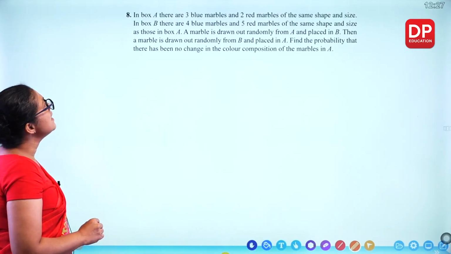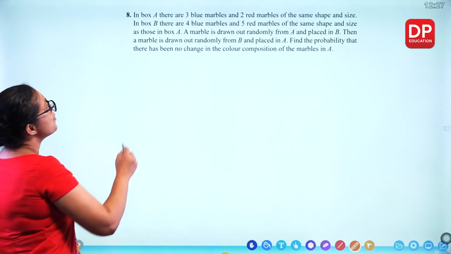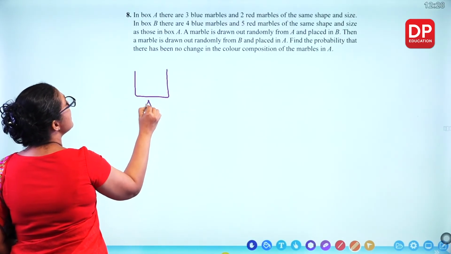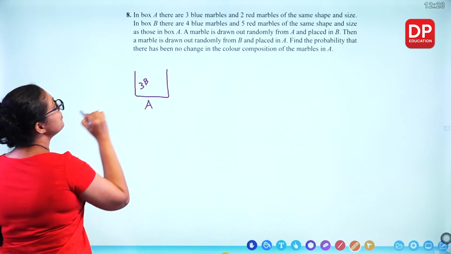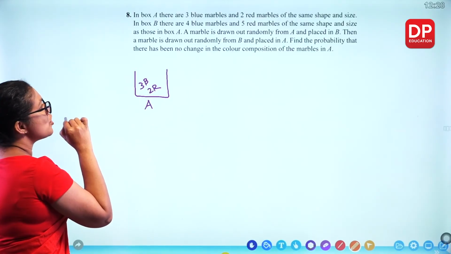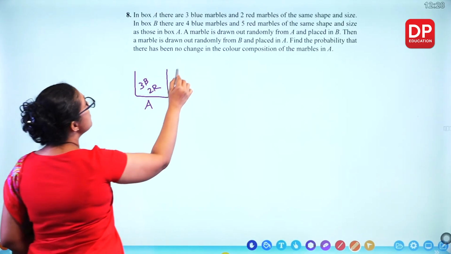Question number 8. In box A, there are 3 blue marbles. So we'll draw box A, 3 blue, 2 red, of the same shape and size.